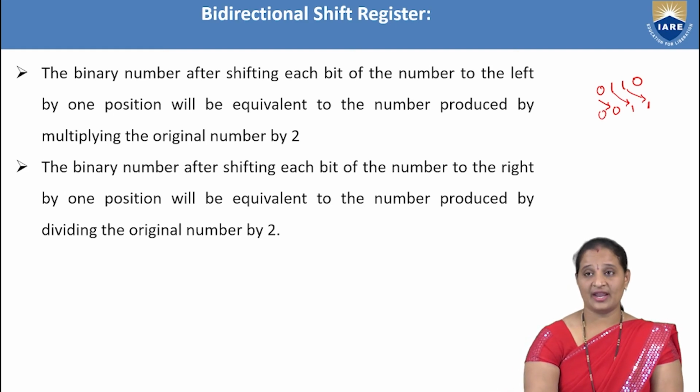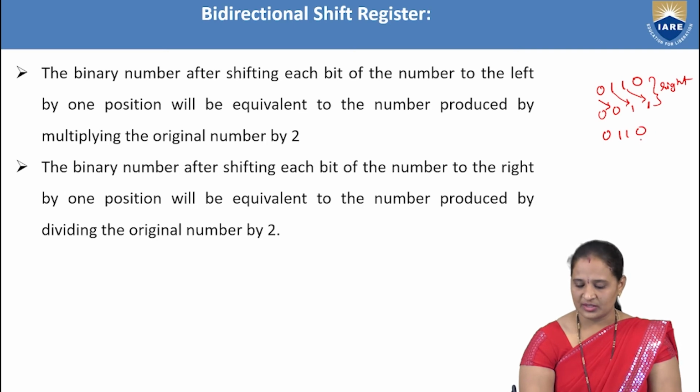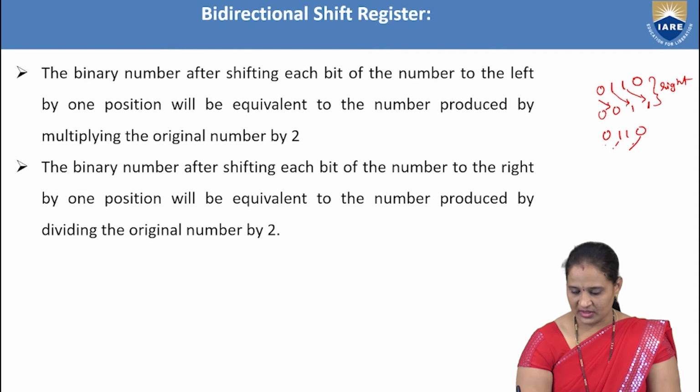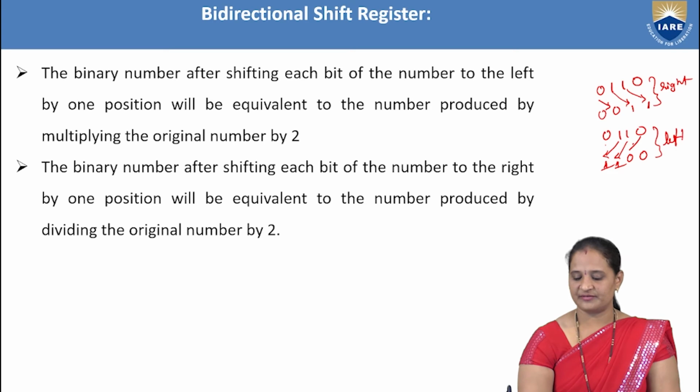So this is the right shift. Now let us see the left shift operation. Here this 1 will come here, this 1 will come here, and this 0 will come here, and the LSB will be placed with 0. So this is nothing but left shift.